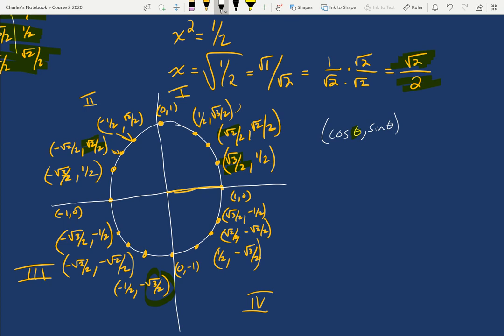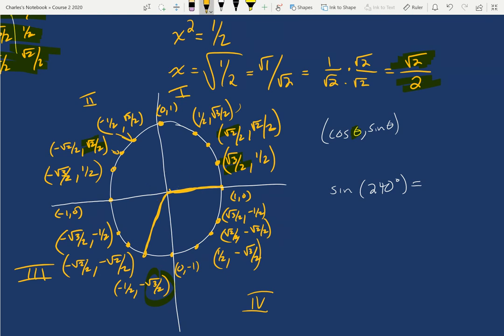So if I said, what is the sine of 240 degrees? You would want to figure out, well, what is 240 degrees? 240 degrees is 0 plus 90 plus 90 more. That's 180. And then I need to go 60 more degrees. So this is 240 degrees.